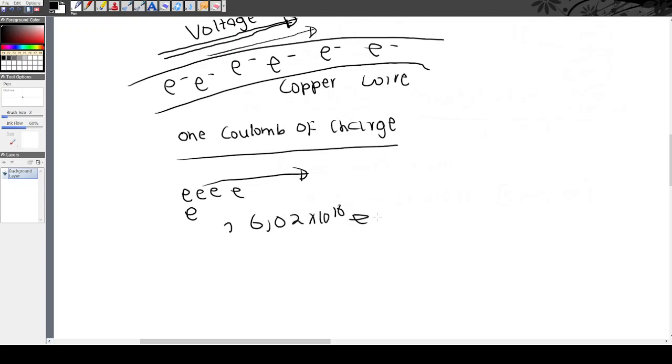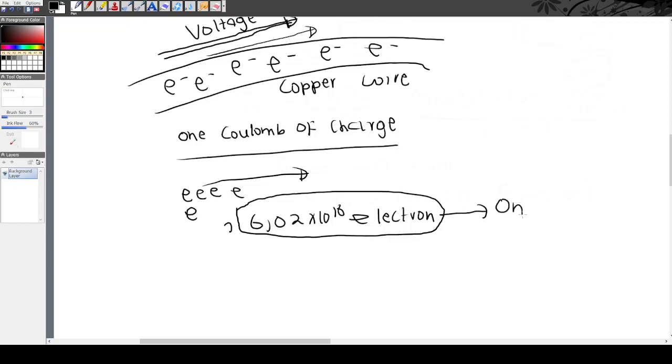These are trillions and trillions of electrons. So they grouped electrons into a group of this many, which is 6,02 times 10 to the power positive 18 electrons. When they call this group of electrons, it's 1 coulomb of charge. So in other words, 1 coulomb of charge is just a group of electrons. It's as simple as that.